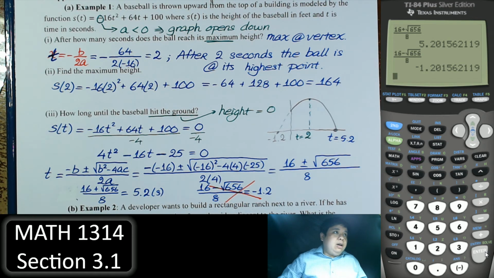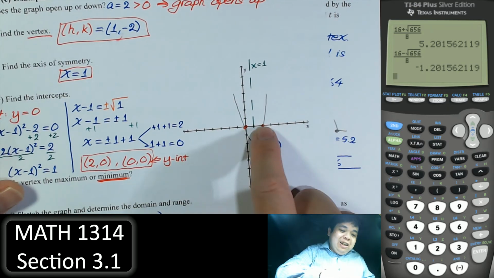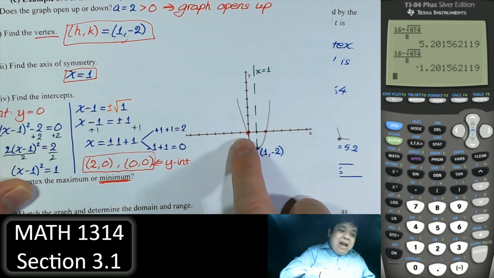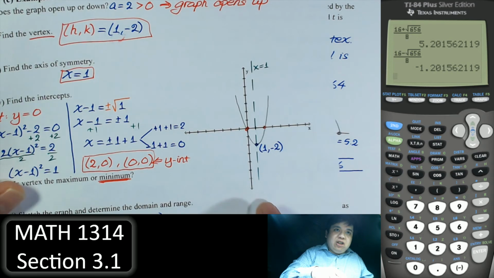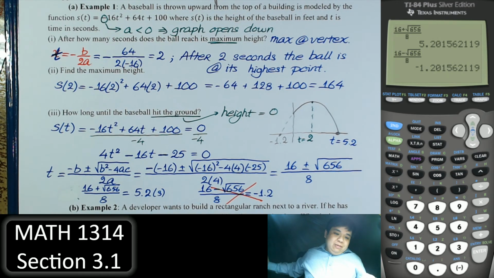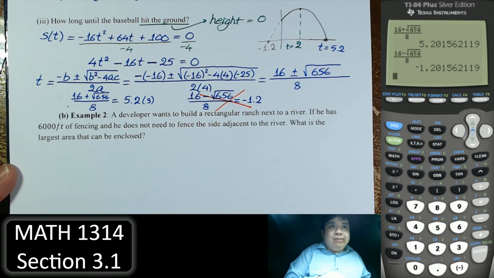Because here we have 16 plus the square root of 656, and then 16 minus the square root of 656. If we don't have the plus or minus, we just have 16 over 8, which is just 2. So, one more thing about the axis of symmetry: the x-intercepts are always symmetric about the axis of symmetry.